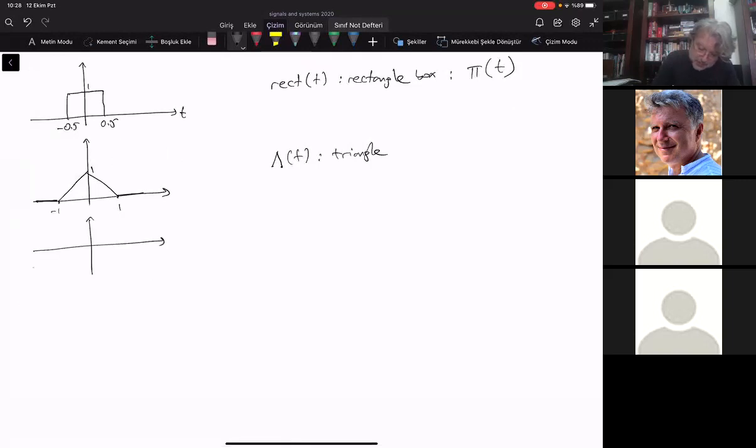One of them is this signal like this: -1 for negative time and +1 for positive time. And we know that it is the signum function. But it is a function that we have known from high school anyway. So we don't need to really deal with it in a lot of the cases.